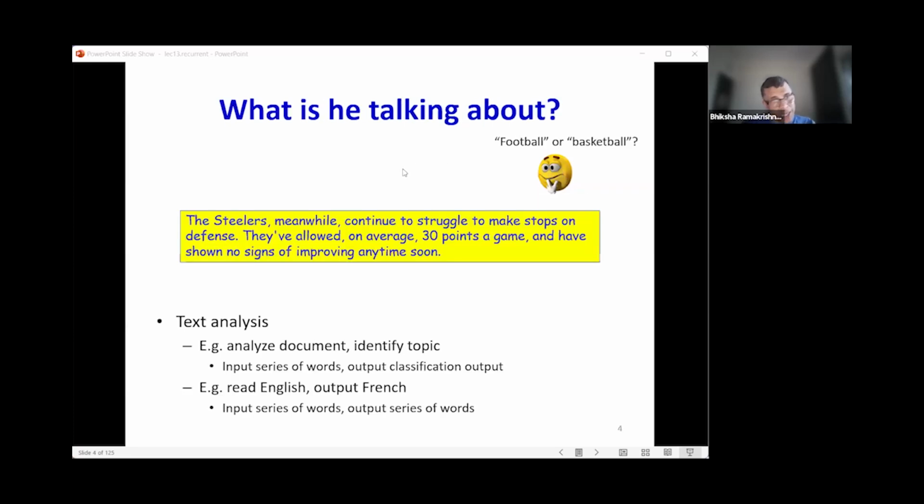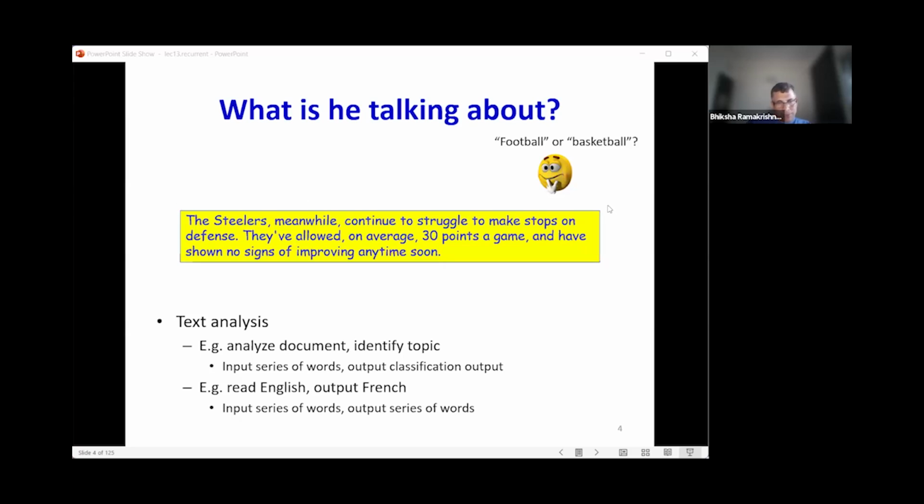Or if you were performing sentiment analysis or some kind of classification on text, then here's something. The Steelers, meanwhile, continue to struggle to make stops on defense. They've allowed on average 30 points a game and have shown no signs of improving anytime soon. Now, anyone reading this by itself wouldn't find any hint to the fact that this is referring to a football team.